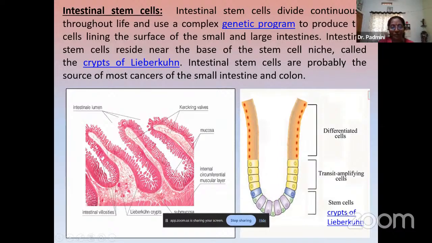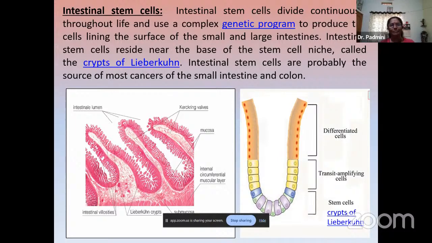Lieberkühn. If I take out one villus and show it over here, these are the differentiating cells, and this part is a transit amplifying cell, and these cells in pink, purple and blue. These cells are called the crypts of Lieberkühn, and these are the intestinal stem cells, because the intestine has to always be lubricated. Otherwise, it can get degraded, because it is continuously in the process of digesting various types of food, since we are always taking different types of food.